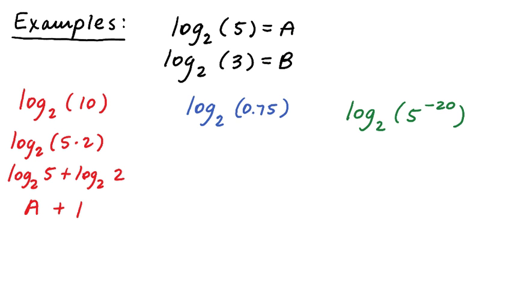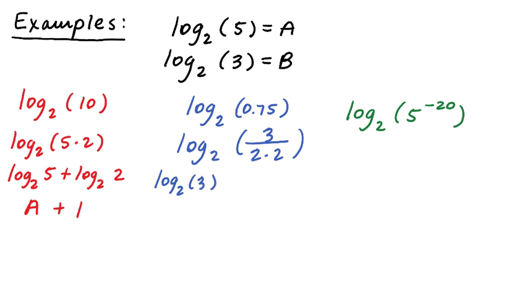So 3 divided by 2 times 2. What I'm going to do is break this up into the log base 2 of 3 divided by 2 and divided by 2 again. So this is log base 2 of 3 minus the log base 2 of 4, really. And I guess that's something we can do mentally.